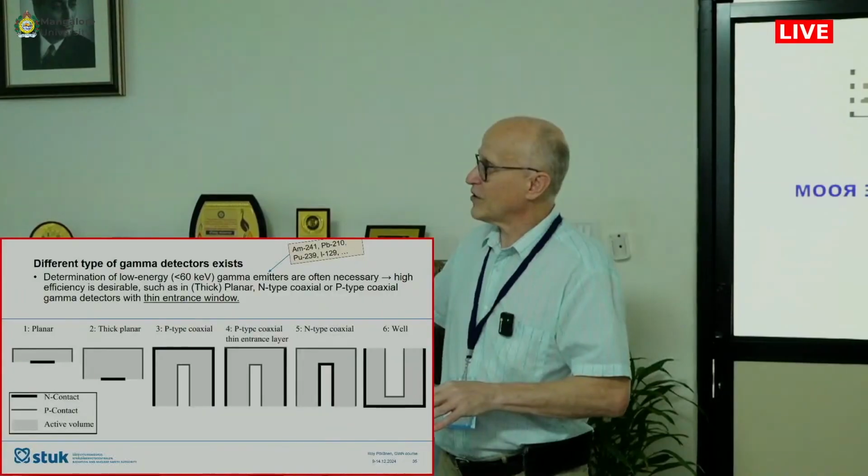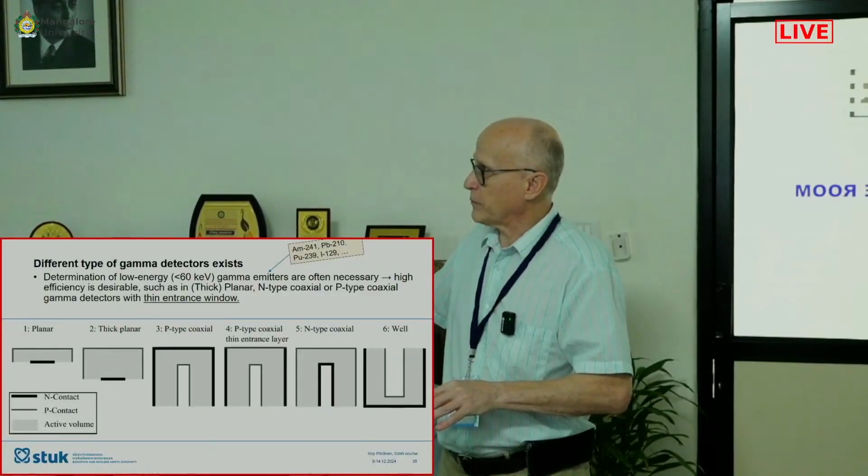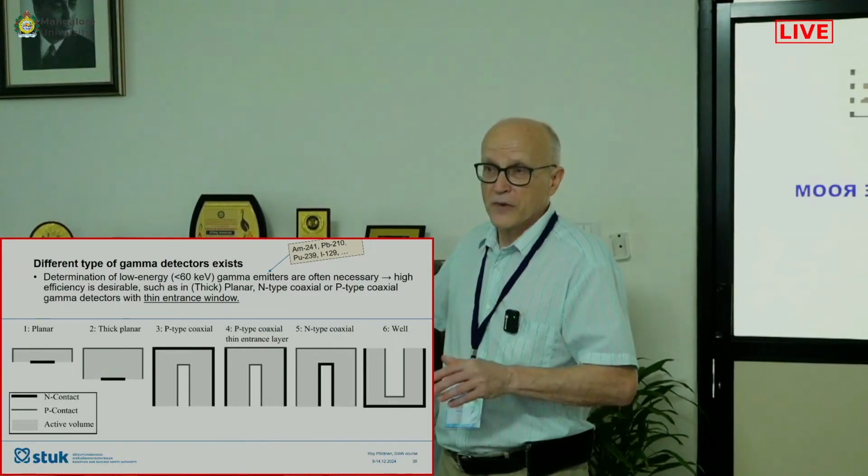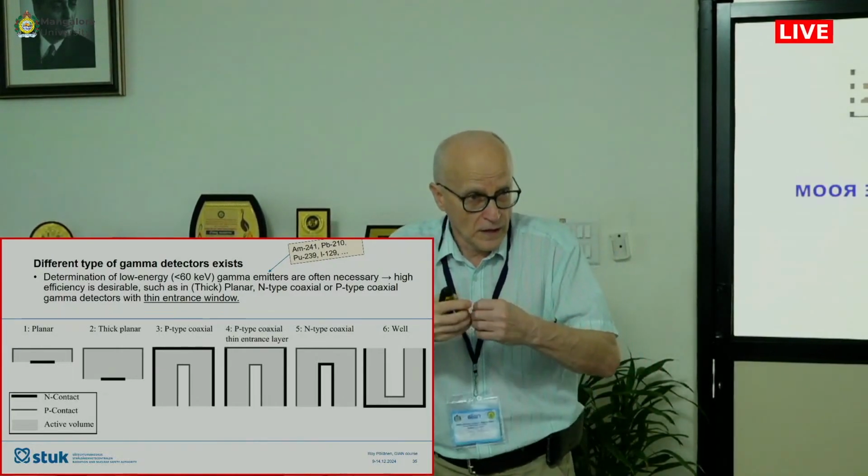I will explain this later, but these are good detectors, of course, because of the high efficiency. If the beaker is in the bottom of a well detector, practically all gammas are detected.